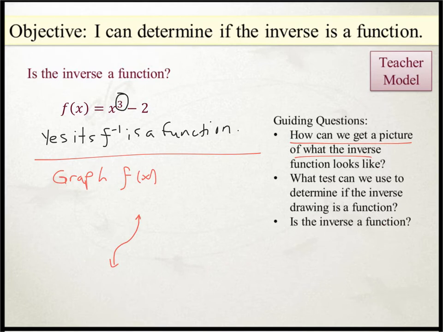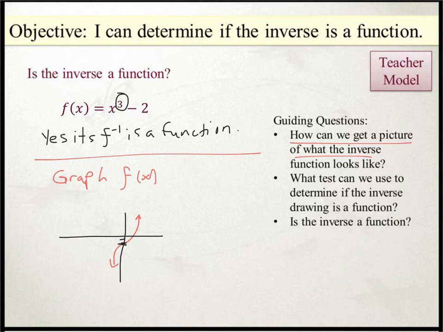Now this cubic that we have here is shifted down 2 from the origin, and I know that because of that -2. So if that were my coordinate plane, that middle of the squiggle right there would be at -2. So that's basically what my graph would look like if I just sketched it.